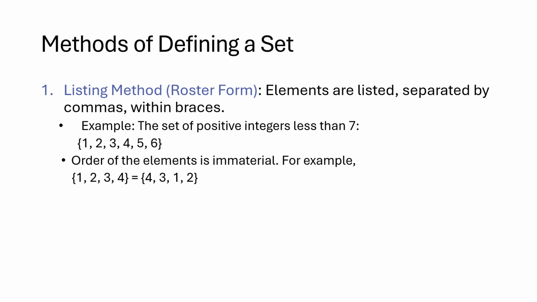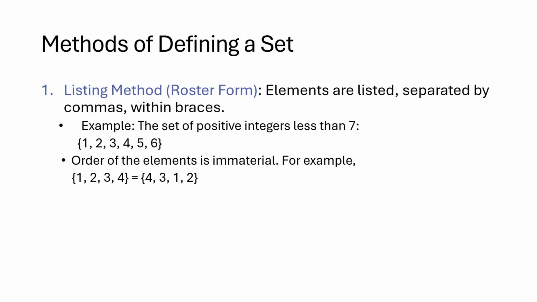Now, a couple of very important properties that we are going to revisit a little bit later as well about sets and their members. The first one is, since a set is defined only by its members, what belongs or doesn't belong to the set, the order of the elements is not important. So if I say the set containing 1, 2, 3, 4, or 4, 3, 2, 1, or 4, 3, 1, 2, these are all the same set.